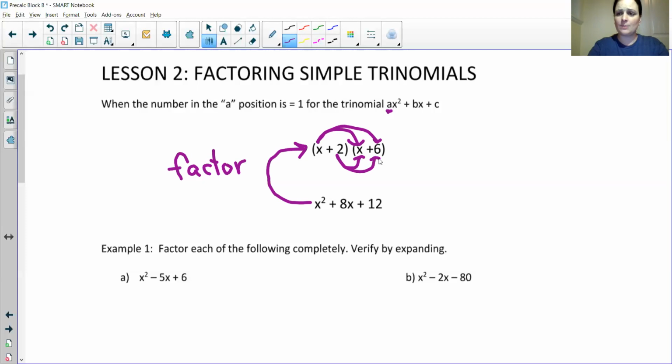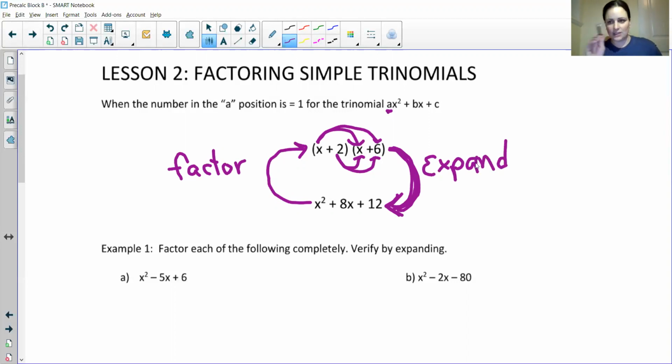If we do that, where we multiply everything in the first bracket with everything in the second bracket, and then simplify or group our like terms, we end up with a trinomial, and we're going in this direction, expand. Okay, so we're going to be focusing on the factoring portion of this little manipulative cycle here.